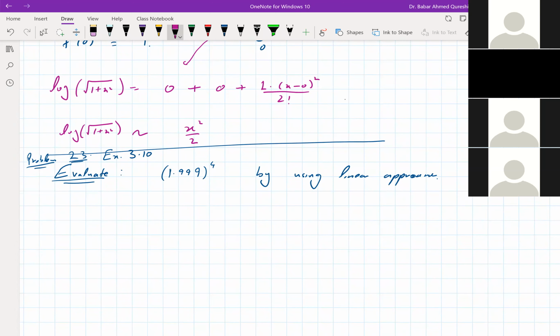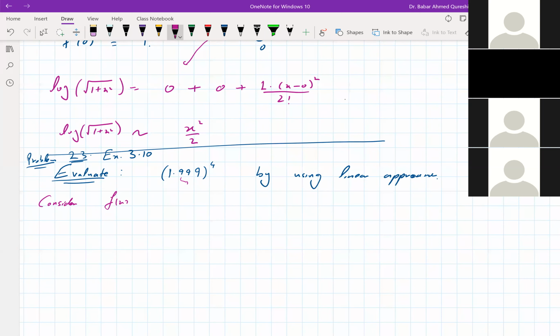So I should choose some point where I can compute this fourth power easily and which is close enough to this actual value so that I hope that my answers will not be very different from the true answer. So what I'm doing, I want to find the fourth power.